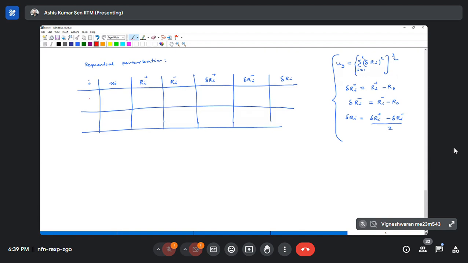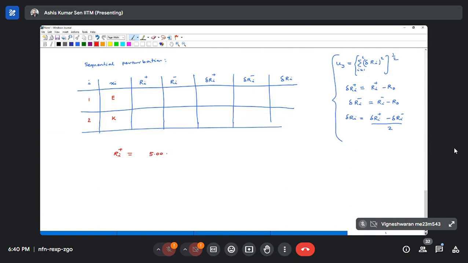So let's say we have two variables. The first variable is E, the second variable is K. Now, if you want to find Ri plus, the first variable is E, so you have to take 5.00.